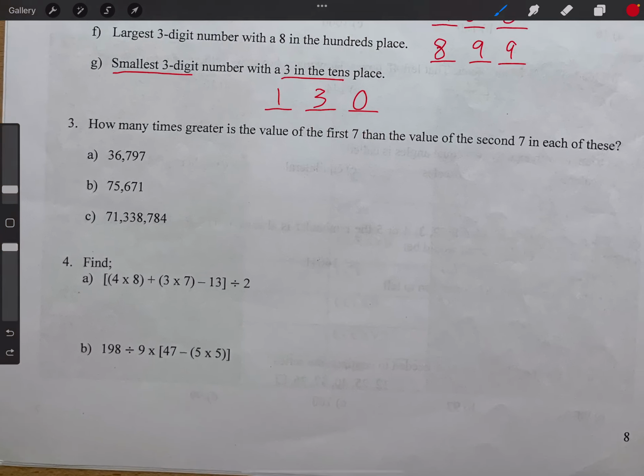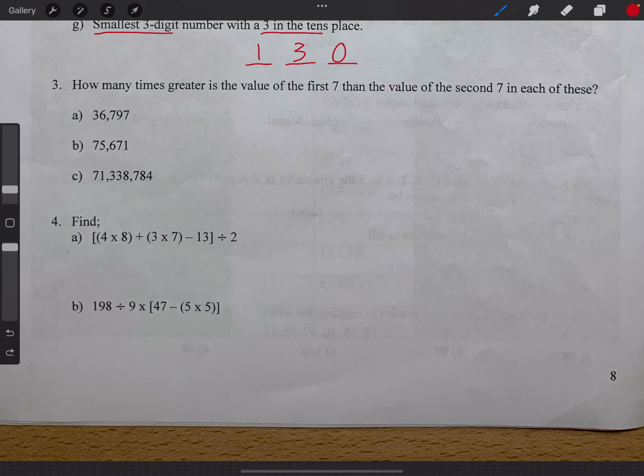Question 3. How many times greater is the value of 7 in the first number than the value of 7 in the second? So you got 7 here and 7. We're comparing 700 with the number 7. How many times greater? Isn't that 100 times greater? So we write the answer is 100 times.